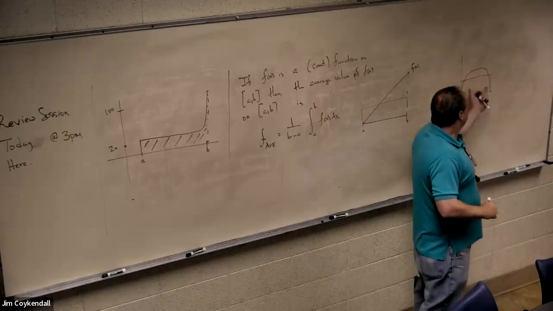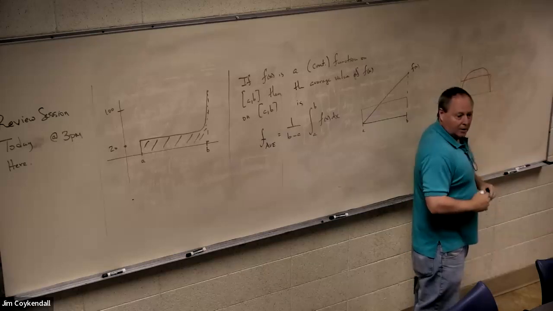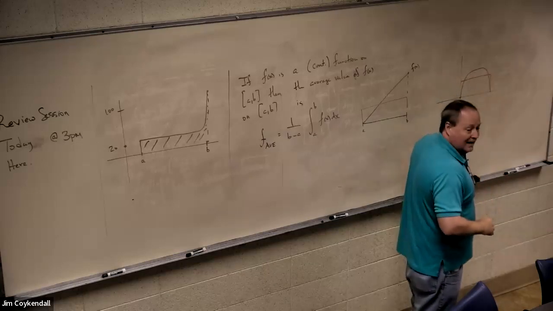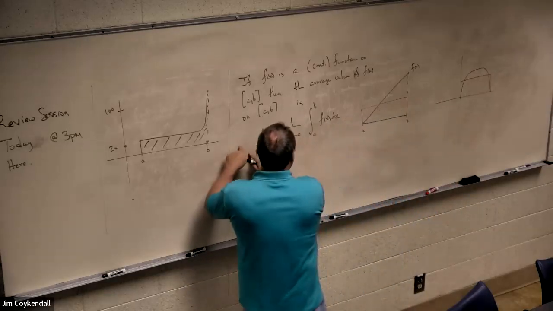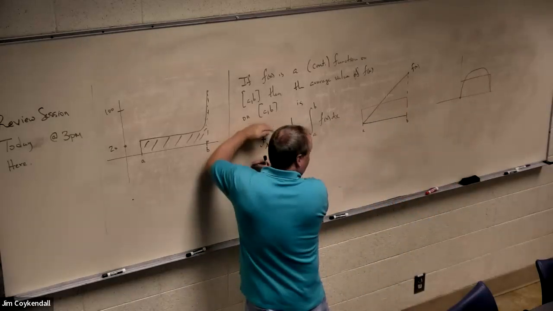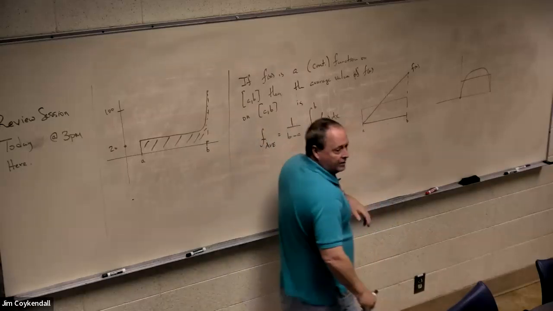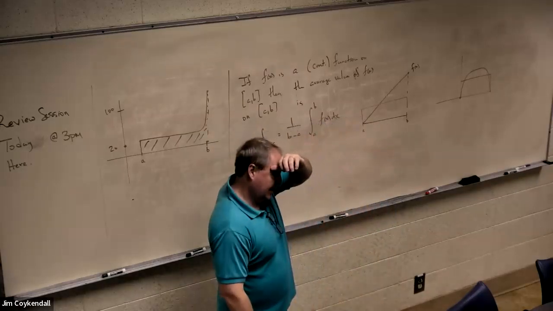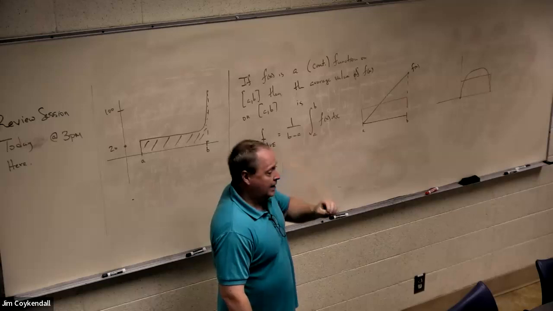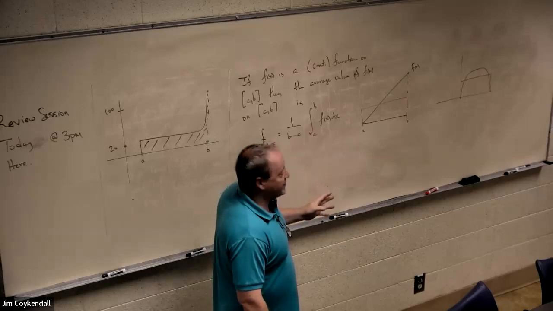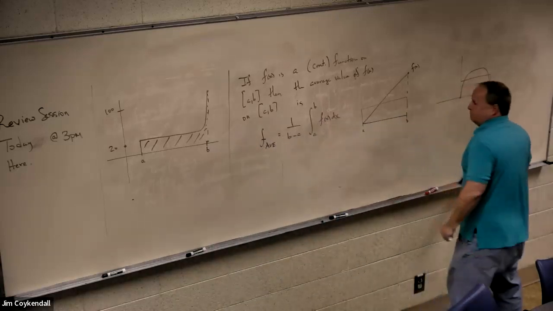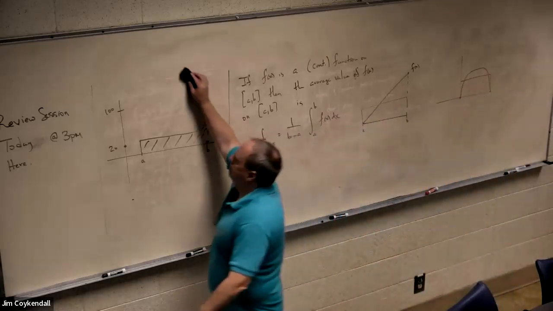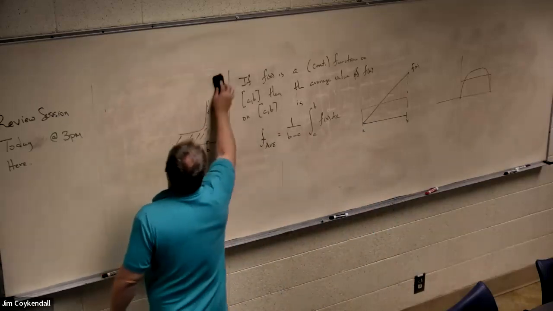So the area in that red box should be the area under the curve, because the average value times b minus a, that's just the area of the rectangle, should be the same. Now probably the most important thing about this is the fact that this came from the limit of sums.